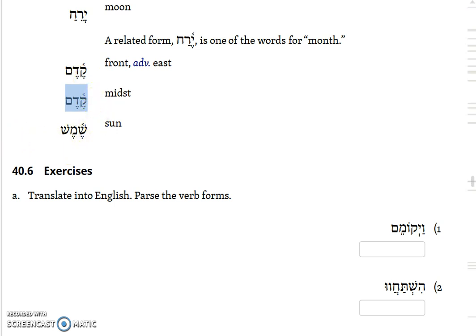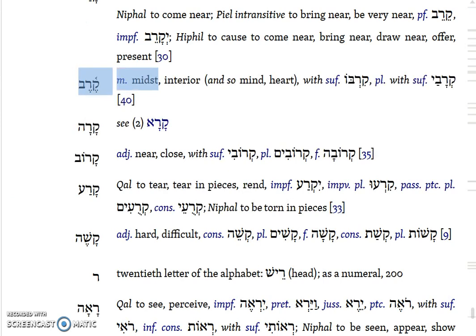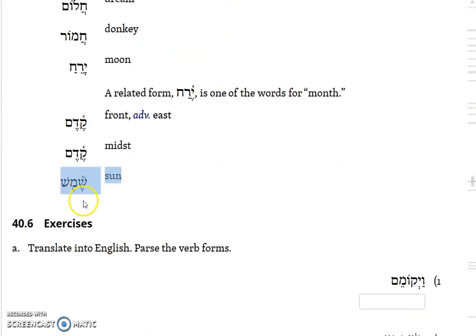He actually has it correct in the dictionary in the back, on page 501, where it shows karev, meaning midst or interior, so of mind and heart. So anyway, that was a mistake.